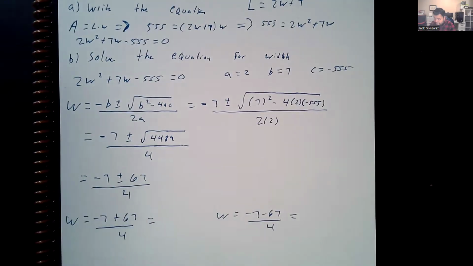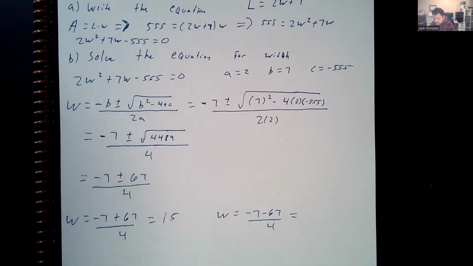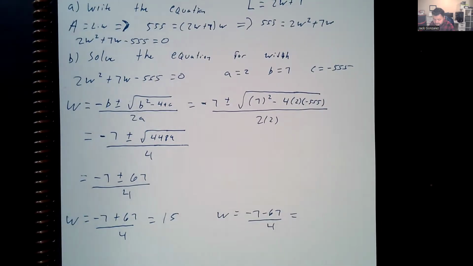Negative 7 plus 67 is 60, divided by 4, which is 15. And negative 67 minus 7 divided by 4 is negative 18.5.